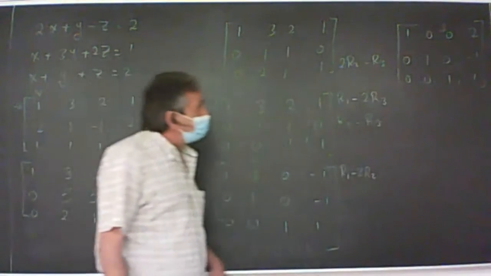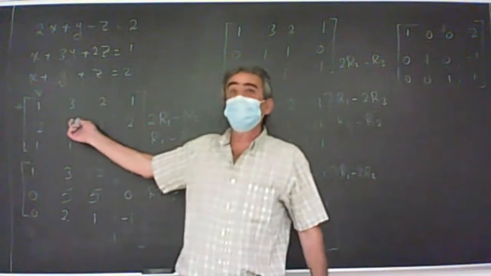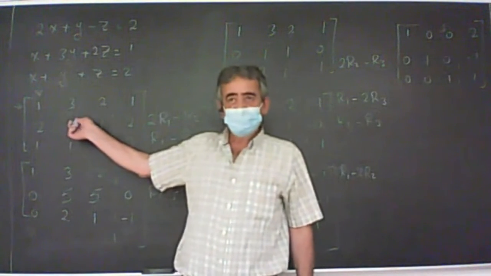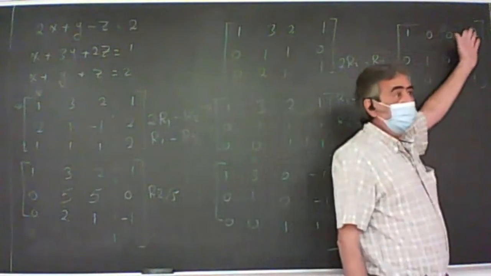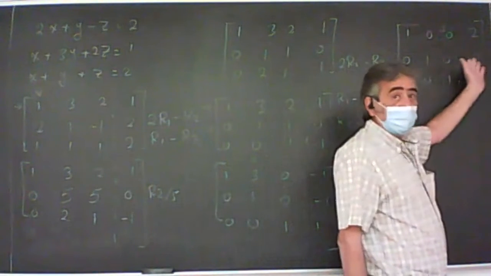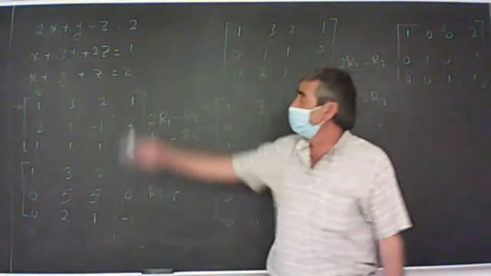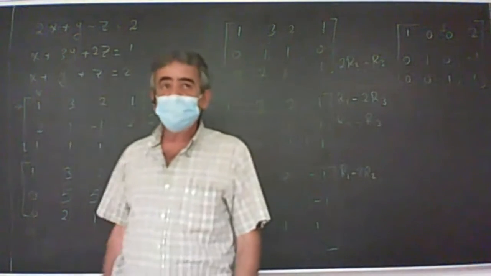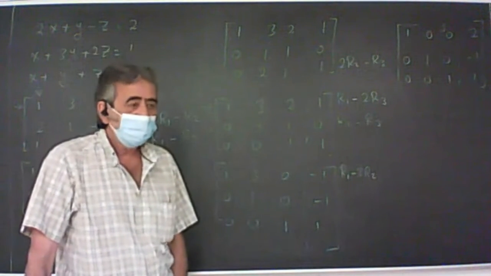So now what does that mean? This one and that one are equivalent. This says x equals 2, y equals negative 1, z equals 1. And if you substitute, you should get the correct answer. Are we clear on that? Yes?